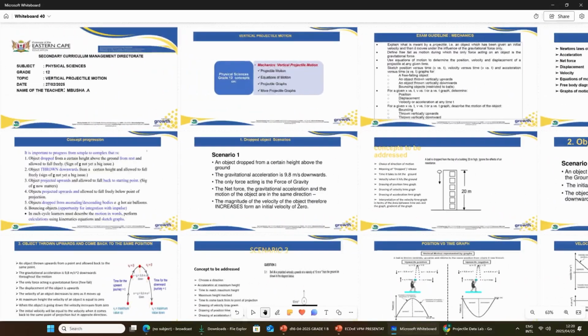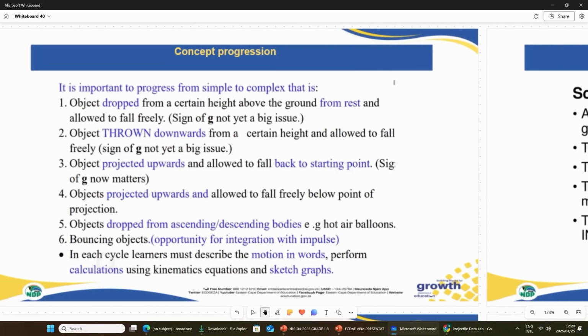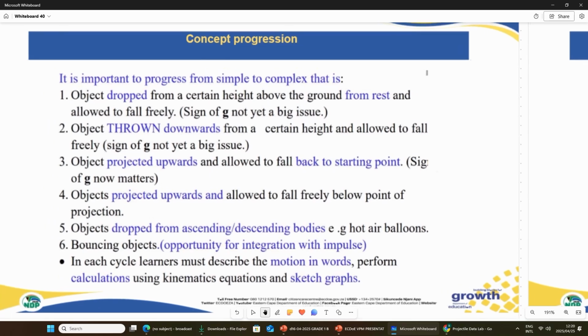Let's move on so that we have a clear guide of what is expected. These are the concepts of projection, and I will look at them from different scenarios.